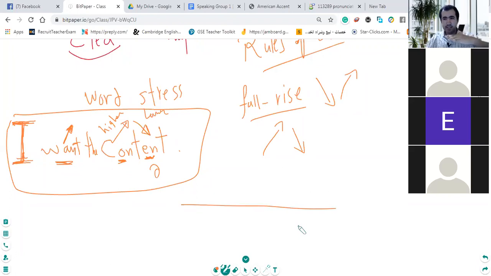The intonation in English has to move from down to up, up to down. I want the content. I, not stressed; want, a little bit stressed; the, not stressed; con, stressed; tent, not stressed.